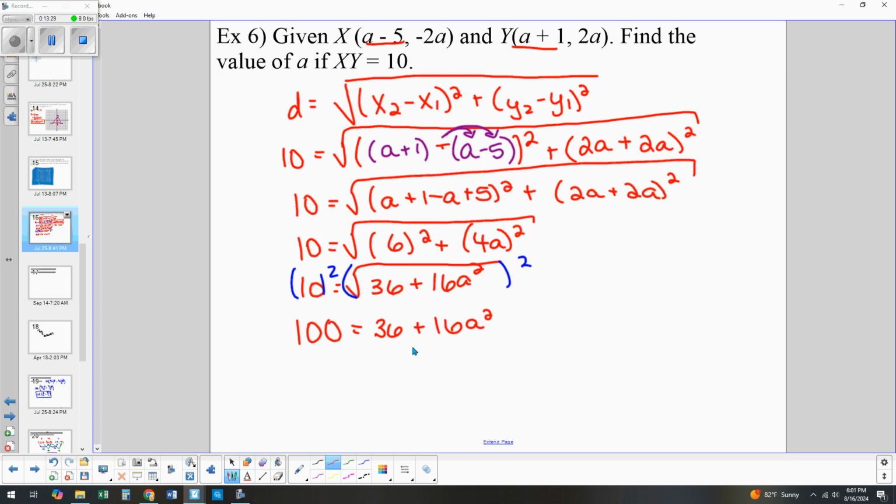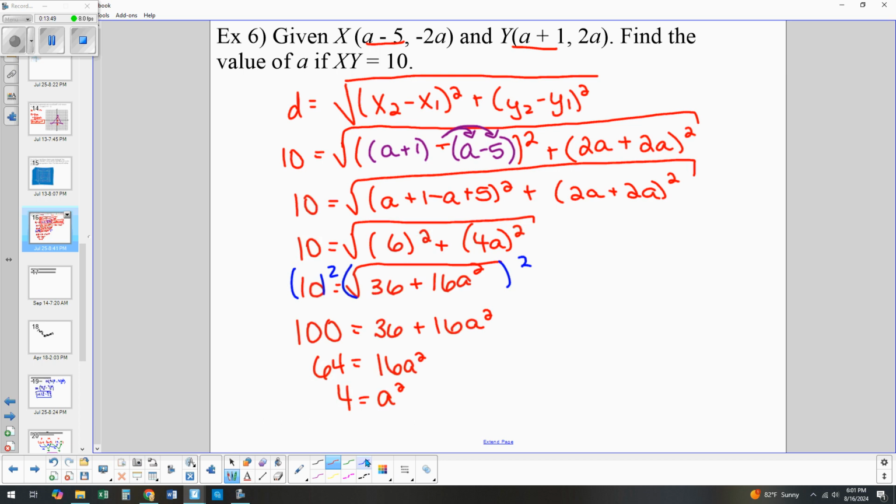So now this is a regular equation. It is quadratic, but there's no linear term, no a term, so I'm going to solve it by square roots, which means I want to get the term with a squared alone. I'll subtract 36. I'll divide both sides by 16.